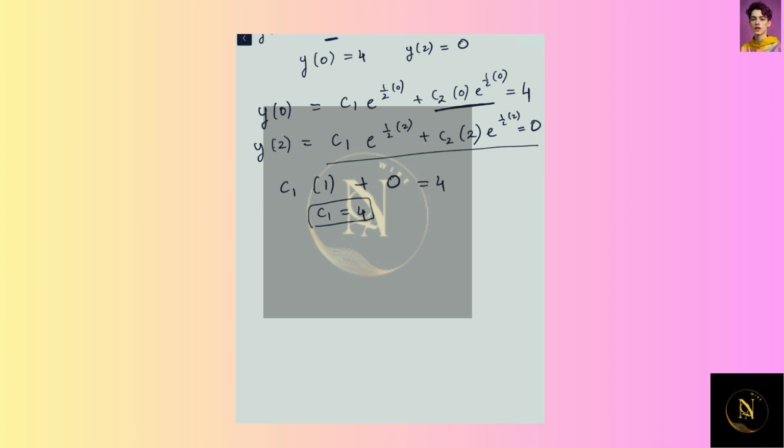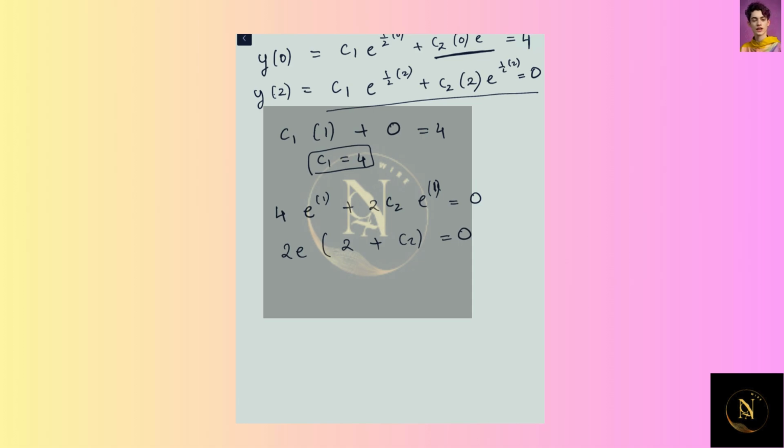Let's plug in the value of c1. 4 times e^1 plus 2c2 e^1 equals 0. We can take 2e common from both the terms, so this becomes 2e times (2 + c2) equals 0.